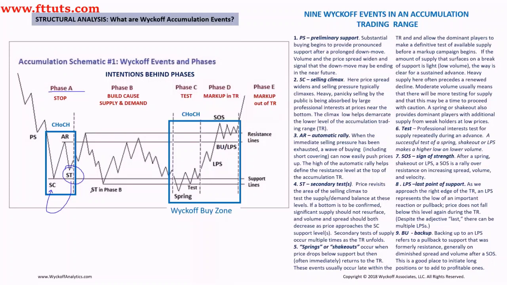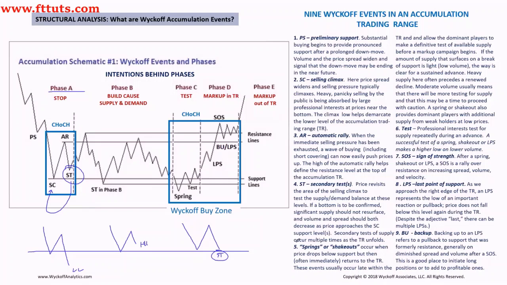It basically tells us the story of the supply: is there still a lot of supply left, or the story of the demand, what kind of demand we have there? And again, three types of secondary tests that we could have: a test that creates a lower low, a test that creates a higher low, and a test that is basically on the same level.